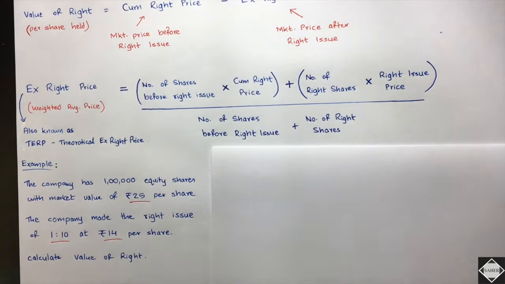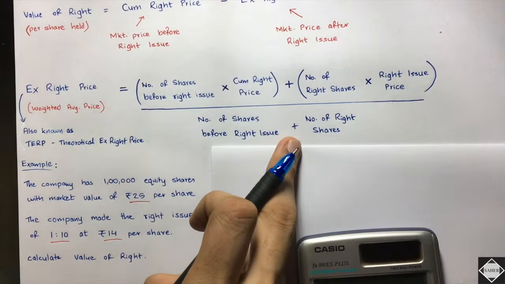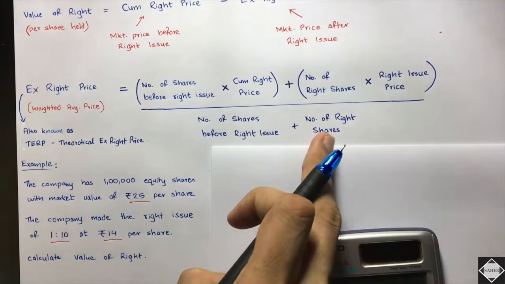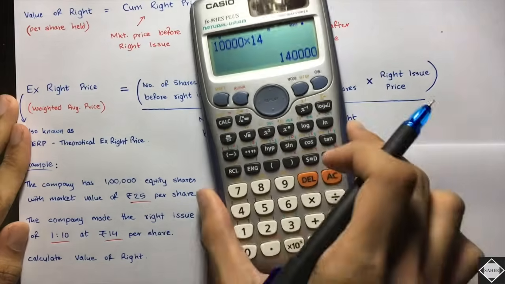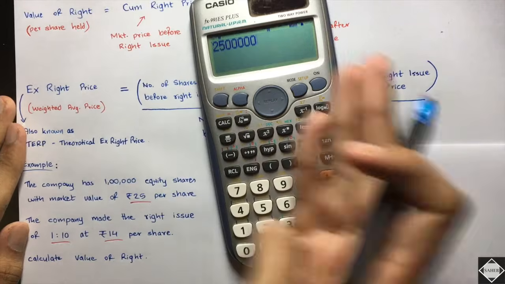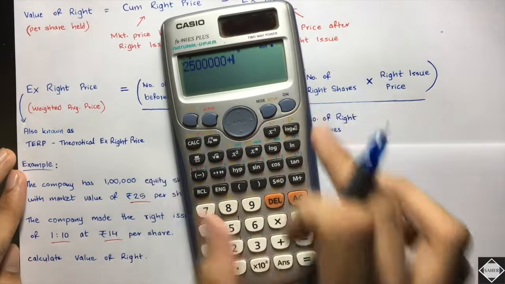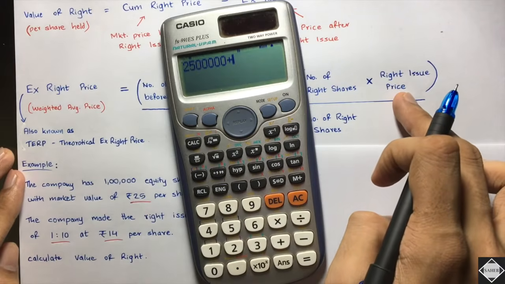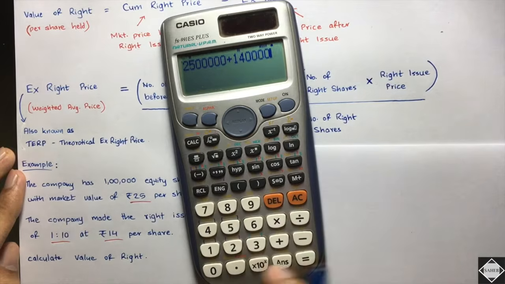What were the number of shares before right issue? 1 lakh. Number of right shares were 10,000. So 1 lakh 10,000. So 25 lakh is the market capitalization before the right issue, plus 1 lakh 40,000.